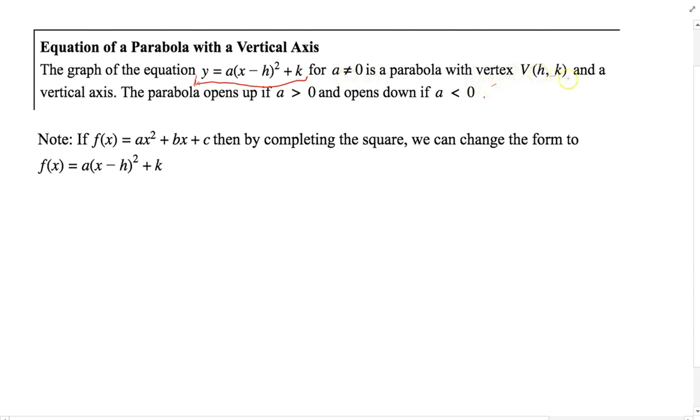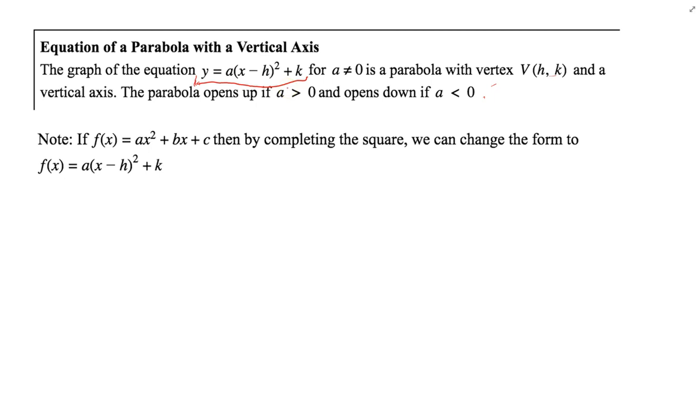This has a vertex (h, k) and a vertical axis. Again, if the parabola opens up, a is greater than 0, and if it opens down, a is less than 0.